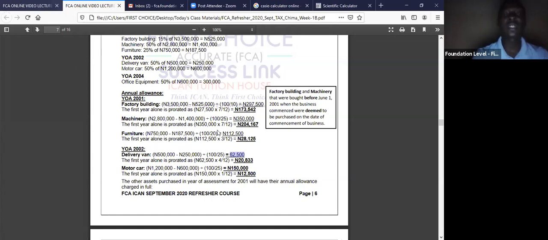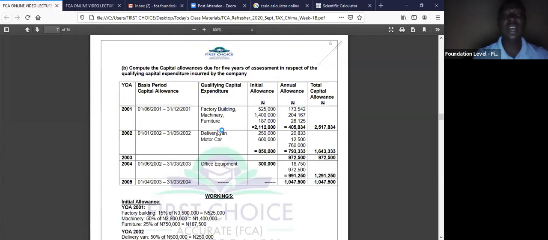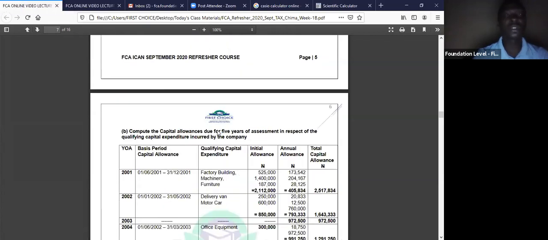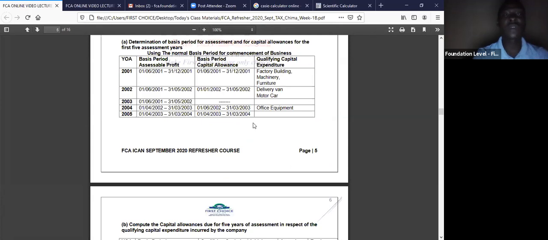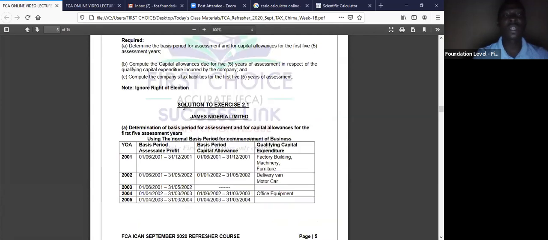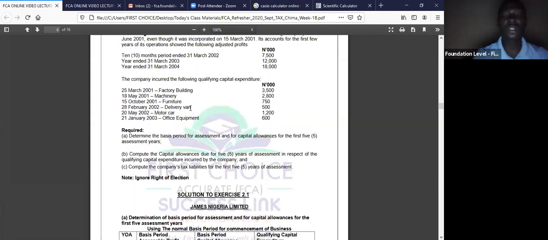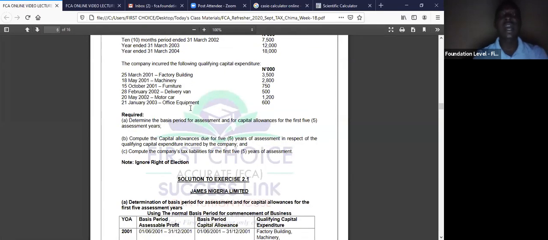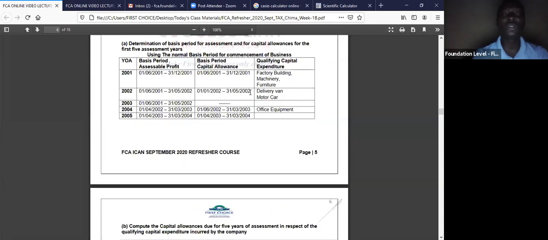So we ask ourselves, when was this van bought? This van was bought in February 2002. And when does our basis period end in 2002? It ends in May.